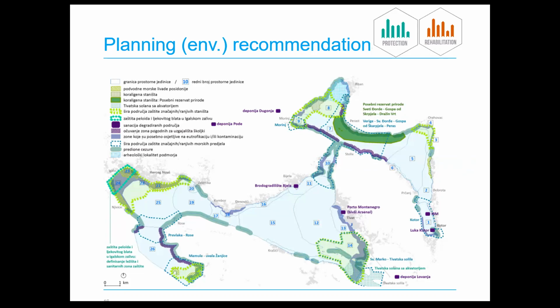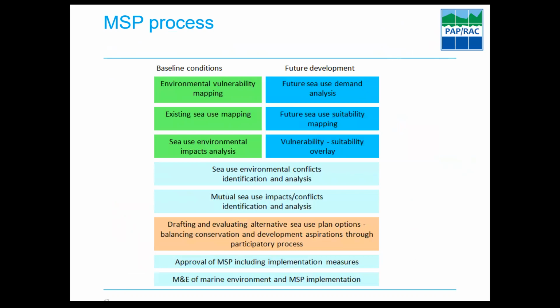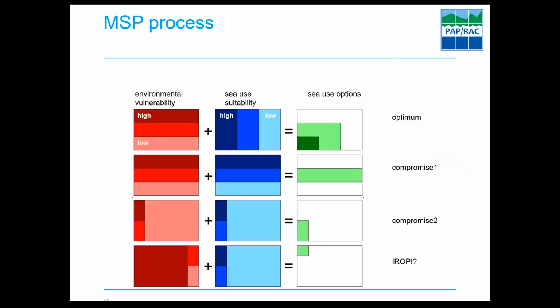Of course, this is not the plan, but just the environmental recommendations coming from the environmental perspective. So if we look at the overall MSP process, what we did is this part. We identified the conflicts between the environment and some sea uses.